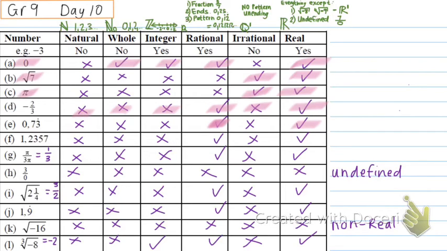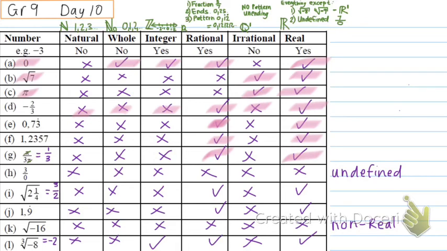Then 1,2357, it stops right there, it ends, so it's rational and real. Then pi over 3 pi. There I can cancel out the pi's and I'm left with 1 over 3. That is a fraction. A fraction is a rational number and a real number.